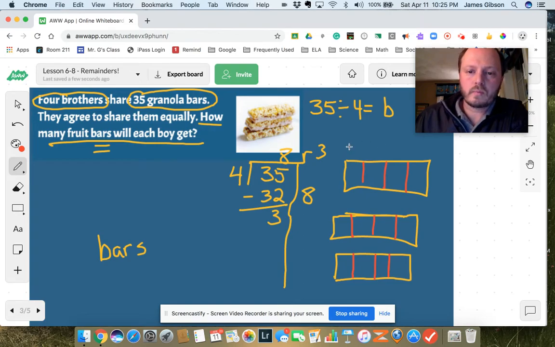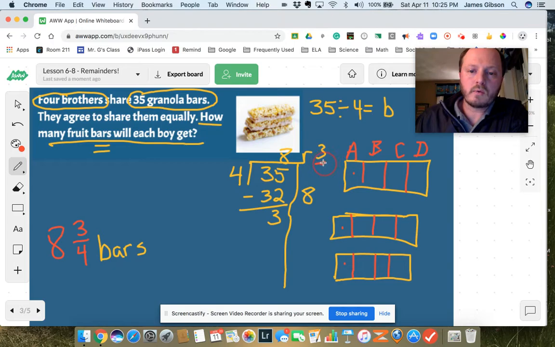Now, brother A, Alfred, brother B, Bruce, brother C, Chris, brother D, Derek, they each get one piece of each bar. Now, how many pieces is that? That's 3. And what size pieces? Fourths. And so our answer is 8 and 3/4 bars.